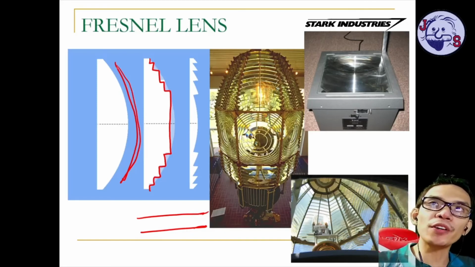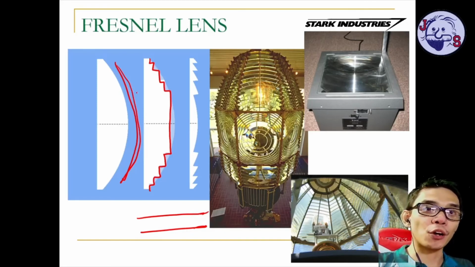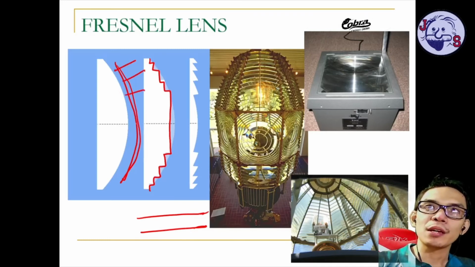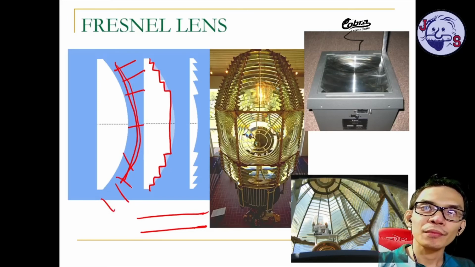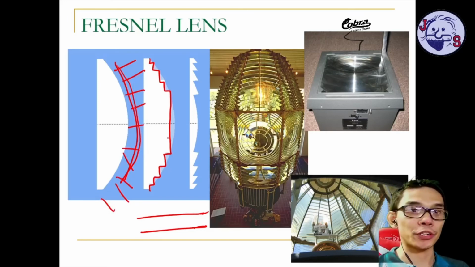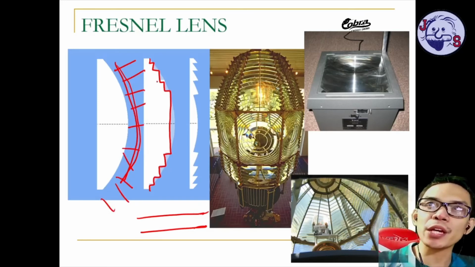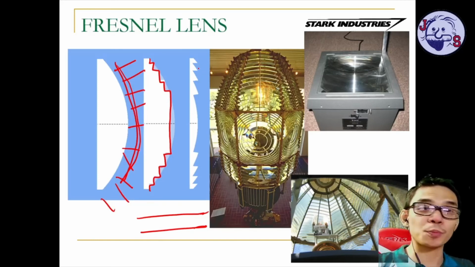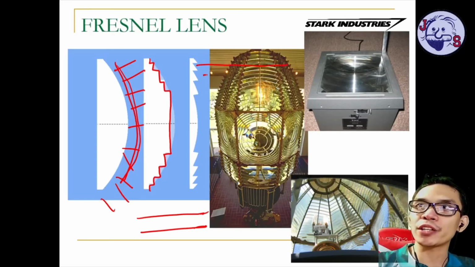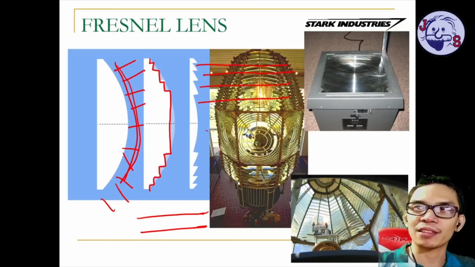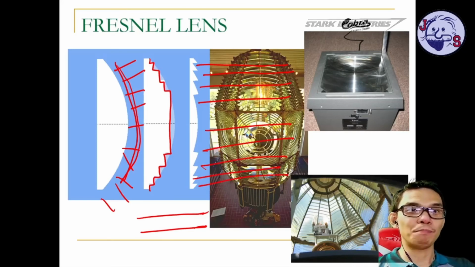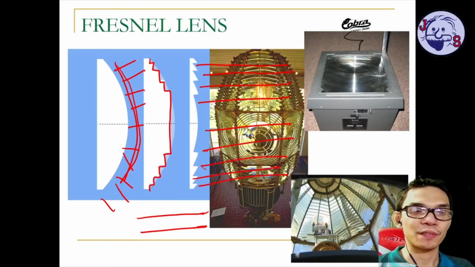If you have a convex lens like what you have right here, the light is likely to be scattered, dispersed. Now, if you put ridges on a convex lens, then the light will not be dispersed. It will follow a certain path, a straight path. Therefore, your light is now beamed at one focus.